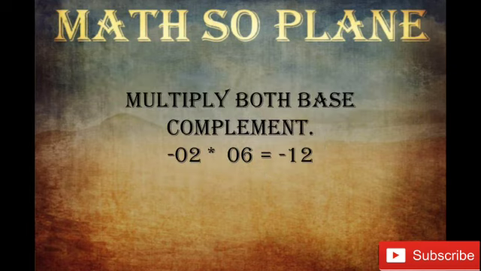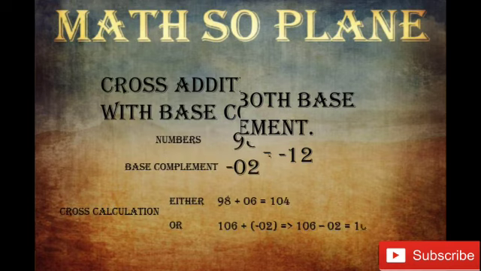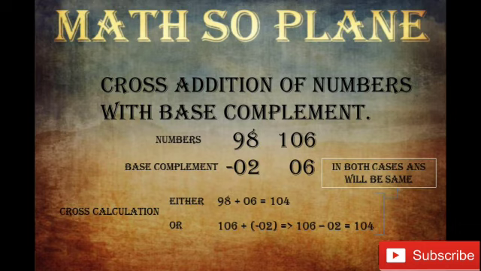On multiplication of minus 02 and 06, we get minus 12. Confused, huh? Let's continue the method anyway. On cross addition, we get 106 minus 02 or 98 plus 06, that is 104.